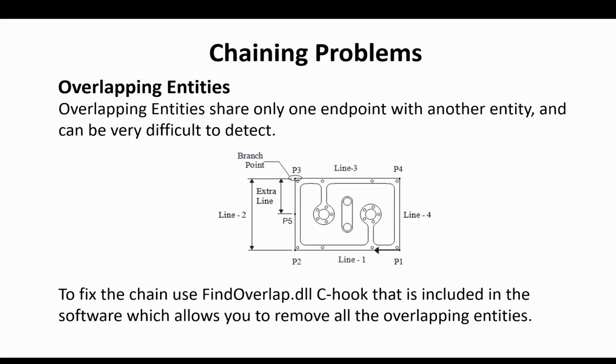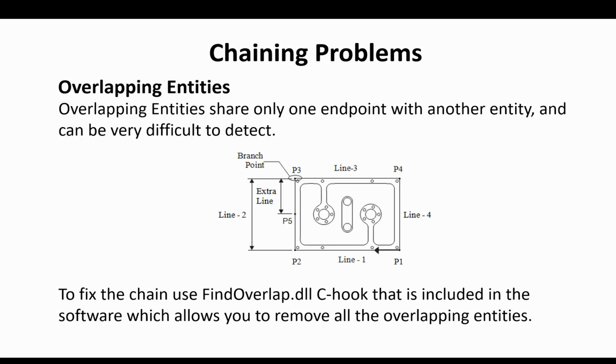This line shares an endpoint with line 2 at P3. The other end of this line is not shared with any other entity. When Mastercam tries to chain this profile, chaining stops at P3. Mastercam reports the message "Branch point reached. Select next branch."